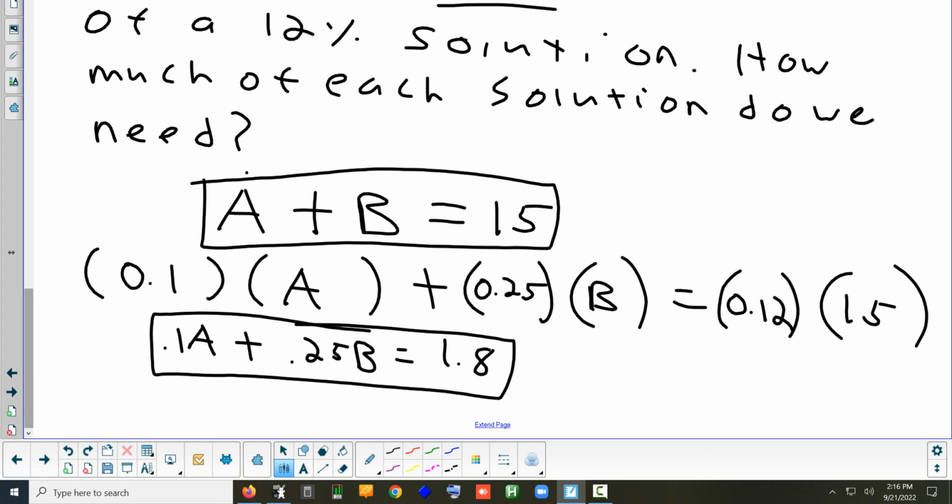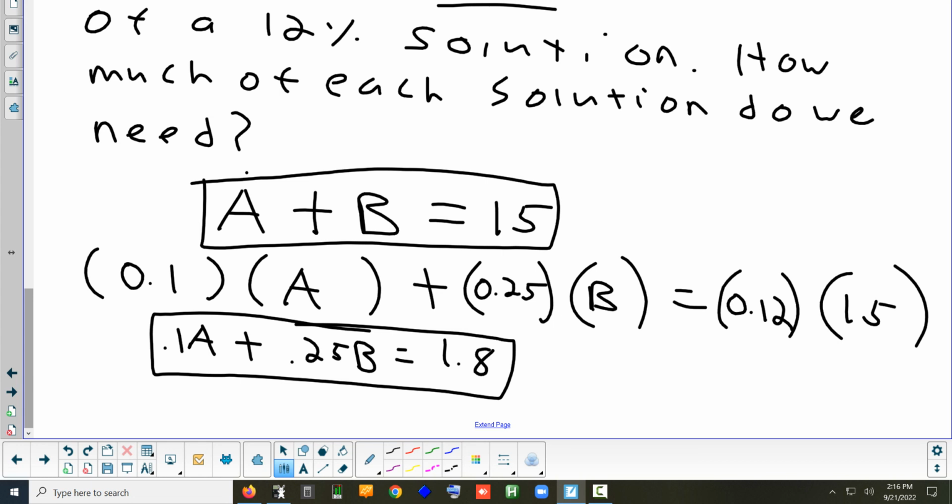We have two equations, and they each have two letters. Anyone remember what you have to do with this top one? And then whatever you do there, you end up filling it into the bottom. Anyone remember? Substitution. Yep.